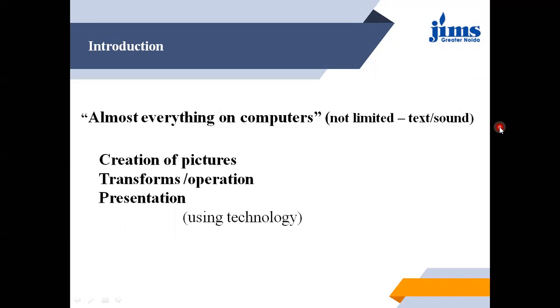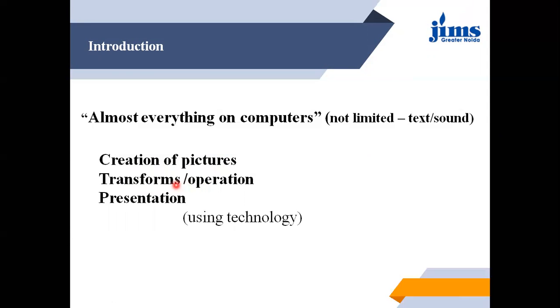If we want to define computer graphics in simple words, then computer graphics is the creation of pictures, that is images or objects, and performing some operations like transformations. There are a lot of operations we will discuss later on, but at this point we are only considering any type of operation.